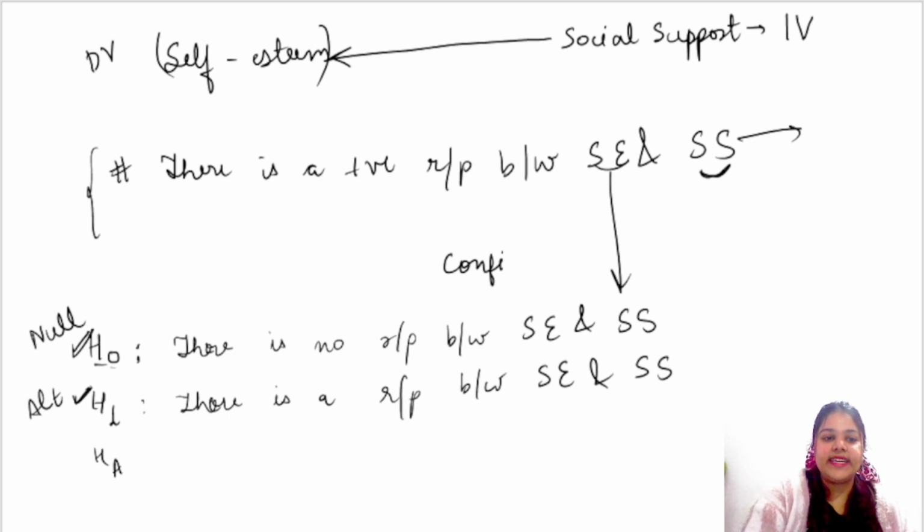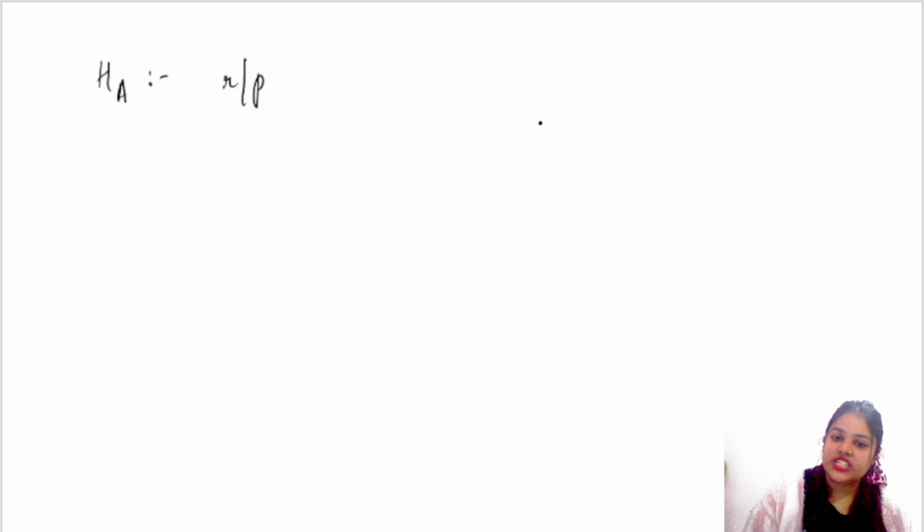Now our alternate hypotheses are further divided into two types. There are certain alternate hypotheses which just tell us that there is a relationship. That yes, there is a relationship. They are not stating that there is a positive relationship or negative relationship.